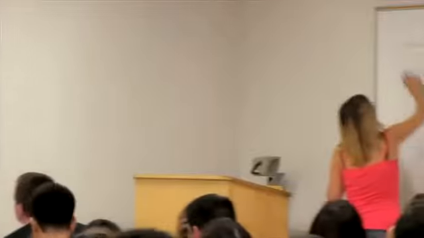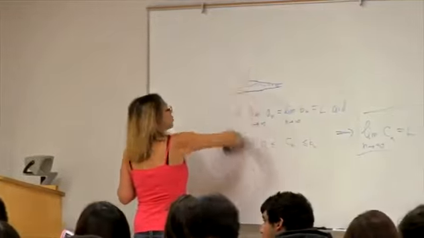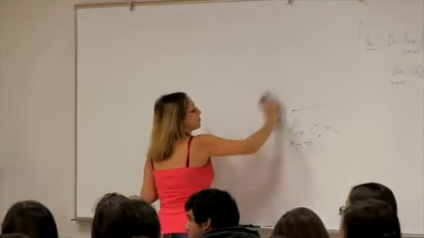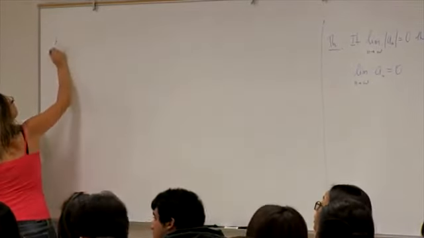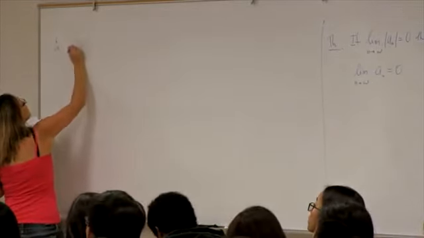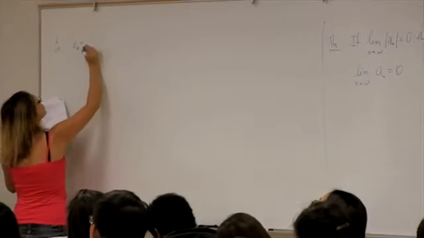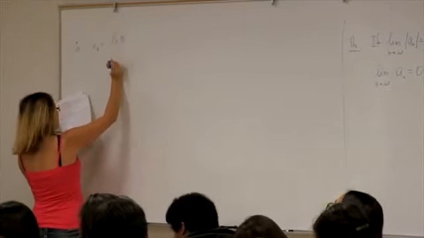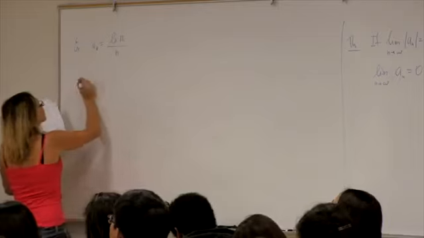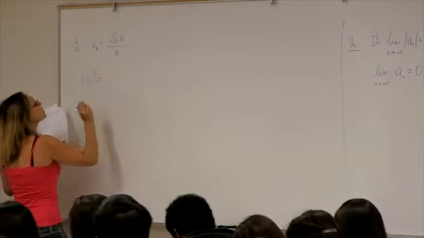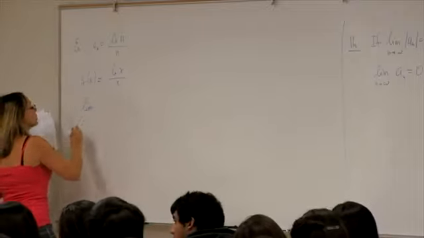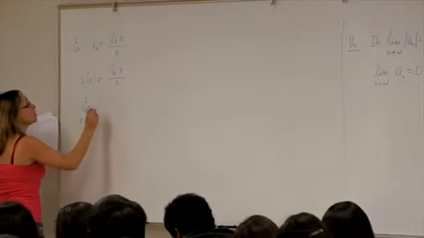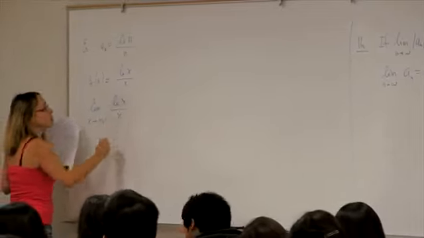Oh, here's L'Hopital. Okay, you asked me for L'Hopital, I'll give you L'Hopital. So how about a_n given by log n over n. We consider f of x, which is log x over x. What is the limit as x goes to infinity of log x over x?